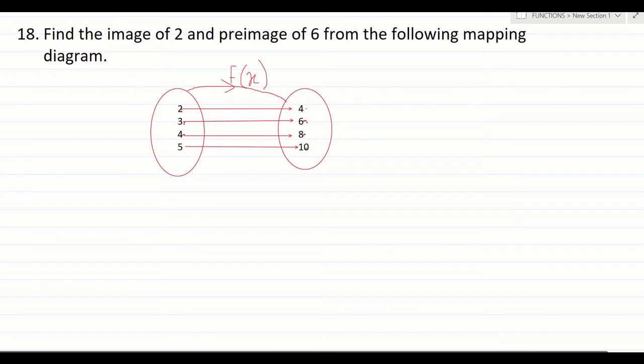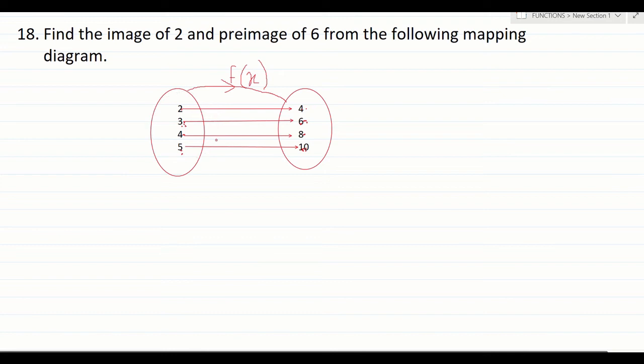Similarly, what is the pre-image of 10? The pre-image of 10 is 5. Remember, 10 is the image of 5, but 5 is the pre-image of 10. Similarly, the image of 3 is 6, but the pre-image of 6 is 3.